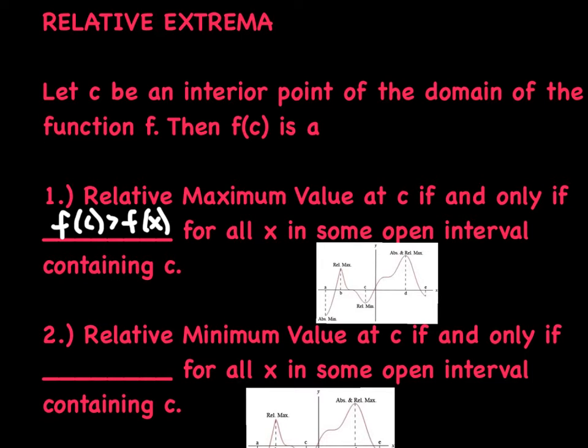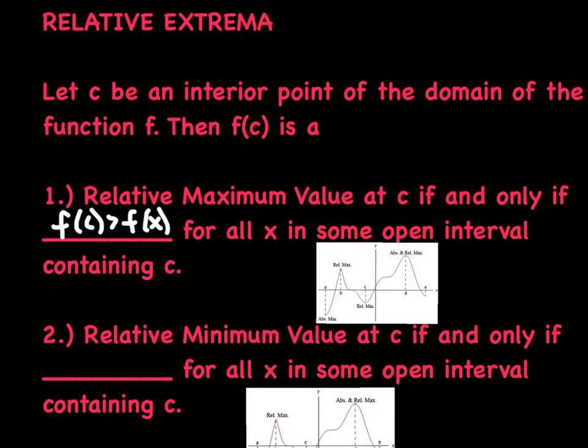Now again, that is the craziest mouthful you've probably seen in a while, so let's dissect that a little bit. When we say some open interval containing c, we're basically saying within this neighborhood. I'm not looking at the whole picture anymore; I'm restricting myself to a small neighborhood. Within this open interval, there's a point c such that f of c is greater than every other f of x within that interval.